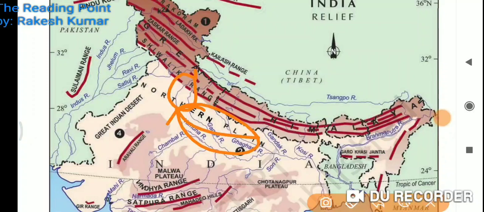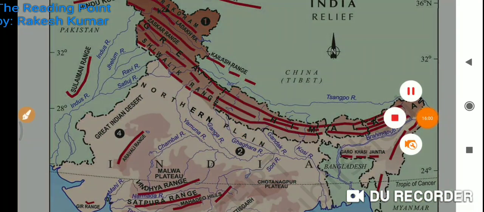The general slope of the area is toward the east, and mostly these rivers flow to the Bay of Bengal.